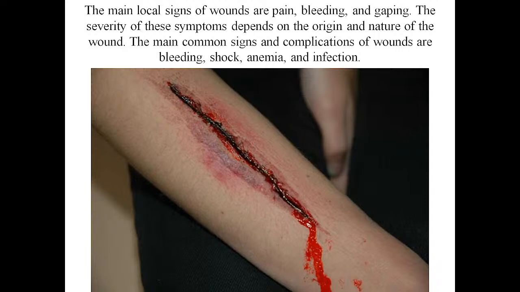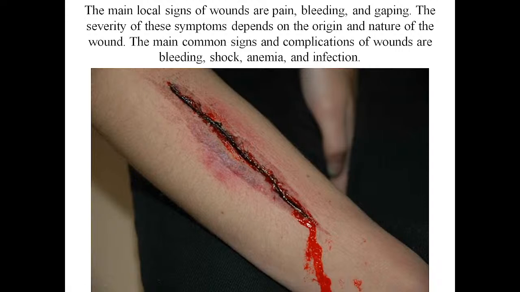In this slide you can see the symptoms. Pain. If you touch these wounds, the patient feels pain. A patient with wounds has bleeding. You can see here, bleeding, and gaping. Gaping is the spread of the wound.